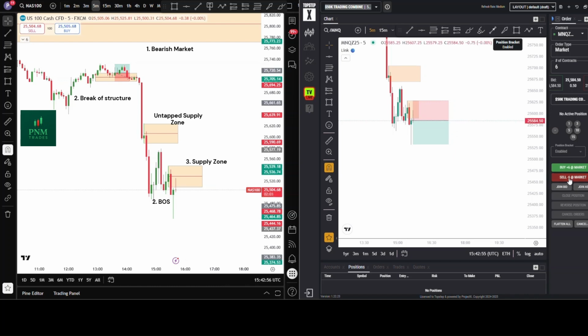I am ready, almost flipping. I'm still looking at my time. Still 2 minutes out, 1 minute and a bit left. So still waiting, nothing's happening. So no trade until the confirmation, and the price should respect this supply zone.